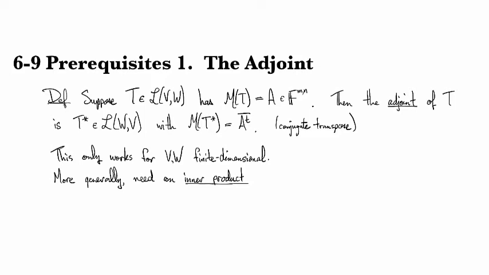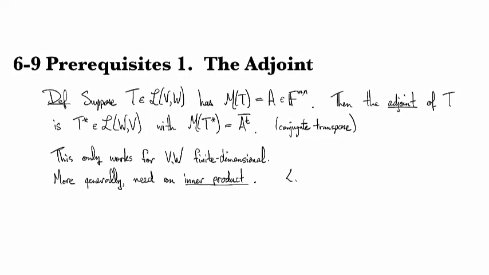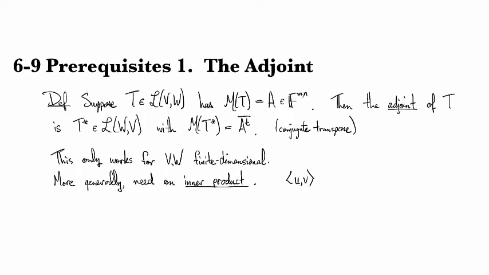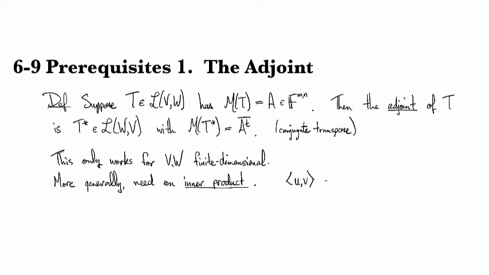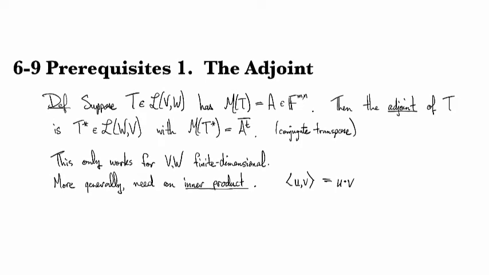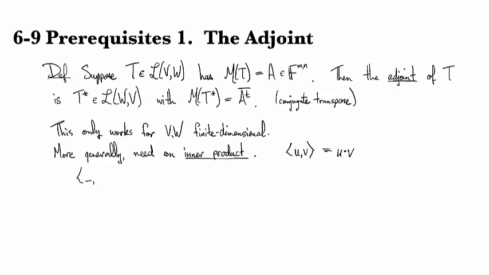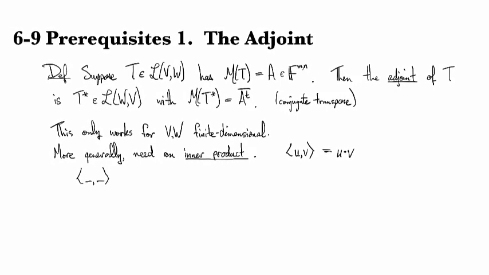So an inner product is a mapping that looks like this. You take a pair of vectors and you put them in some angle brackets like this, and the inner product that you're most familiar with is just the dot product. So more generally, an inner product is something that takes blank comma blank.